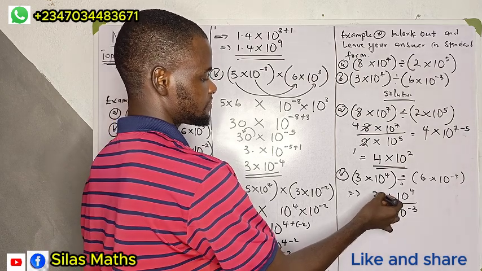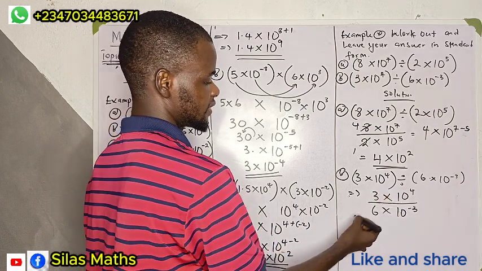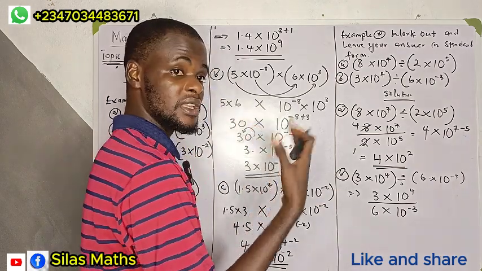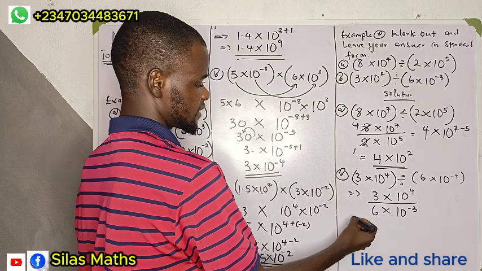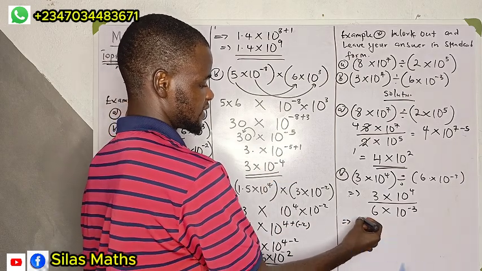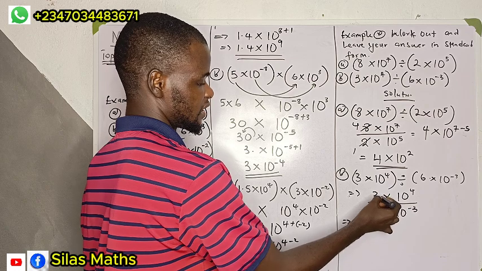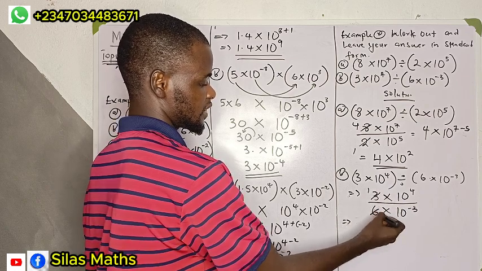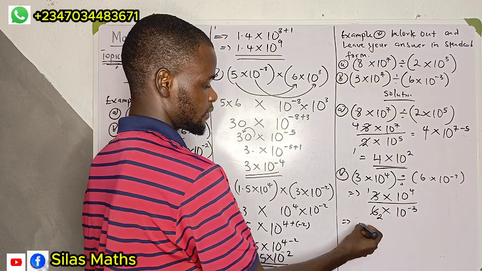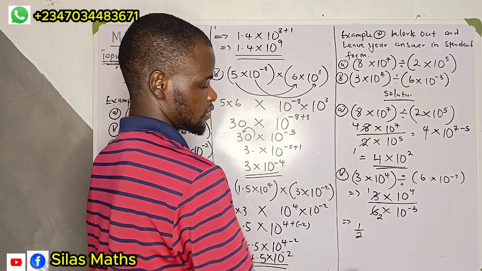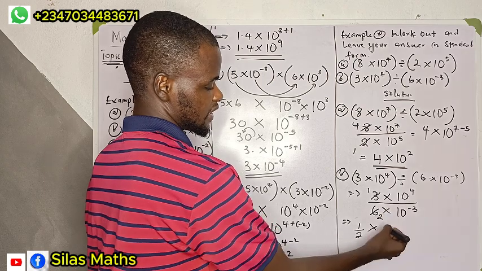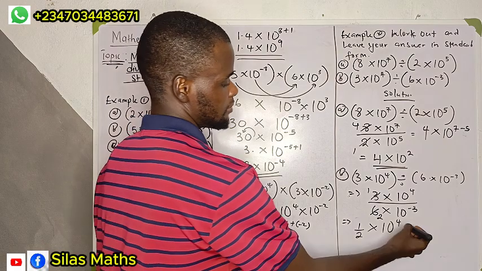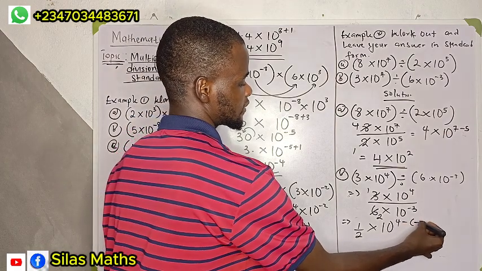When we reduce this, we can actually separate them. Since our answer must be in a standard form, let's reduce first, since there's something that can reduce. 3 here, 1, 3 here is 2, so I have 1 over 2, times, then expressing this, I have 10 to the power of 4, then minus, in bracket, minus 3.